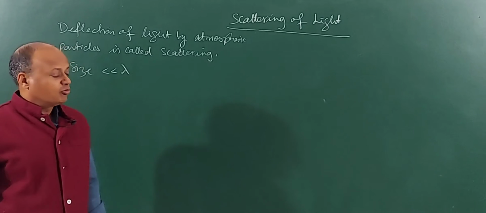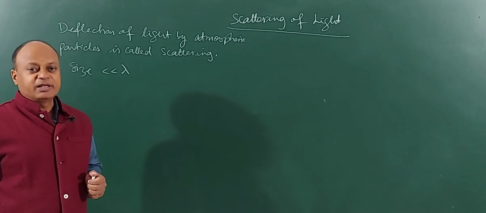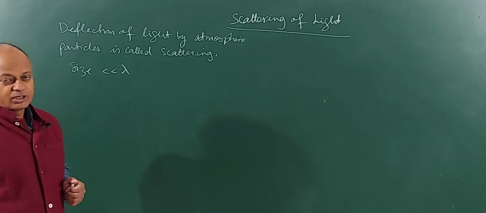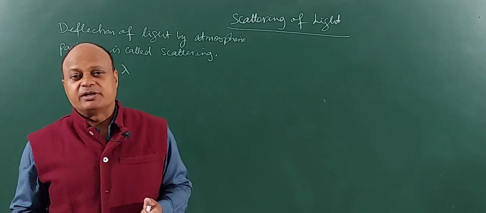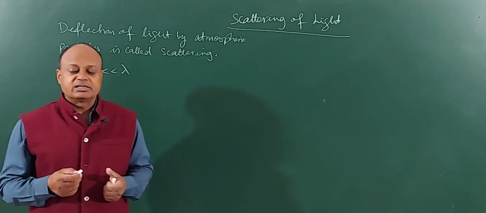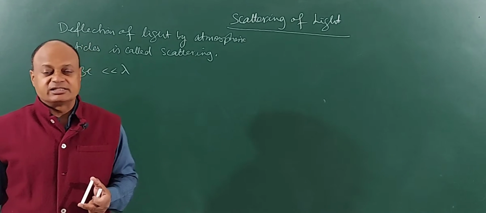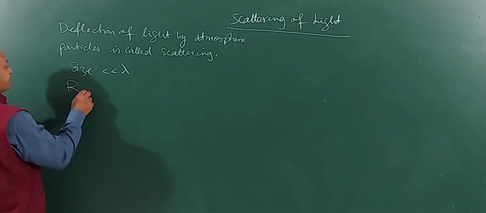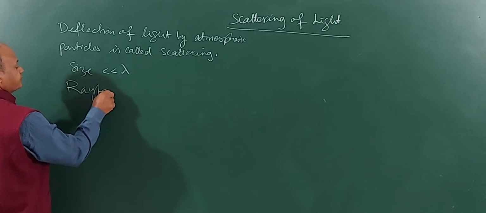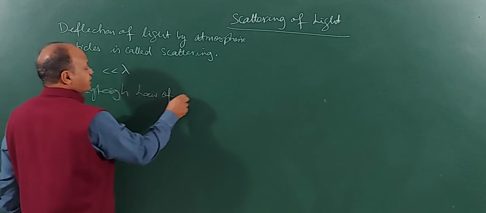Clear? Now, what will be the intensity of the scattered light? When I look at white light, then white light has got 7 components in it. So, the question comes in mind as to which color will be most scattered and which will be least scattered. It is explained by a law which is called Rayleigh law of scattering.